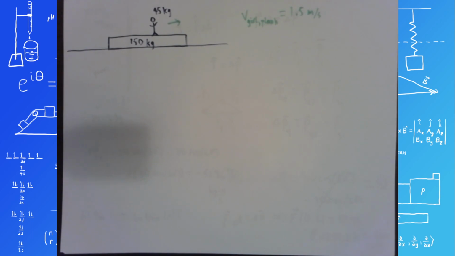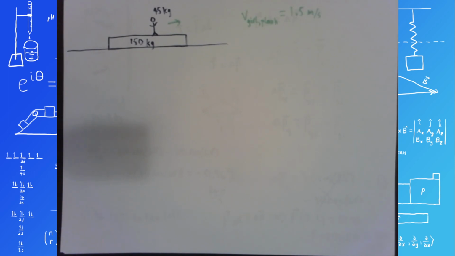Now, what actually happens when this girl starts moving is she exerts a friction force between her foot and the plank, which pushes backwards on the plank, and the plank exerts an equal and opposite reaction friction force to the right on the girl. So friction of the plank on the girl pushes the girl forward, and friction of the girl on the plank pushes the plank backward.